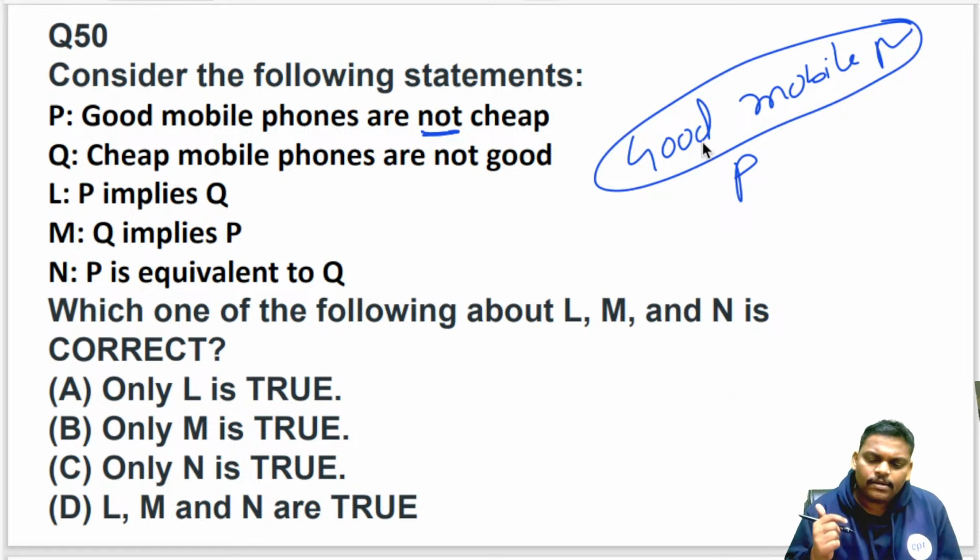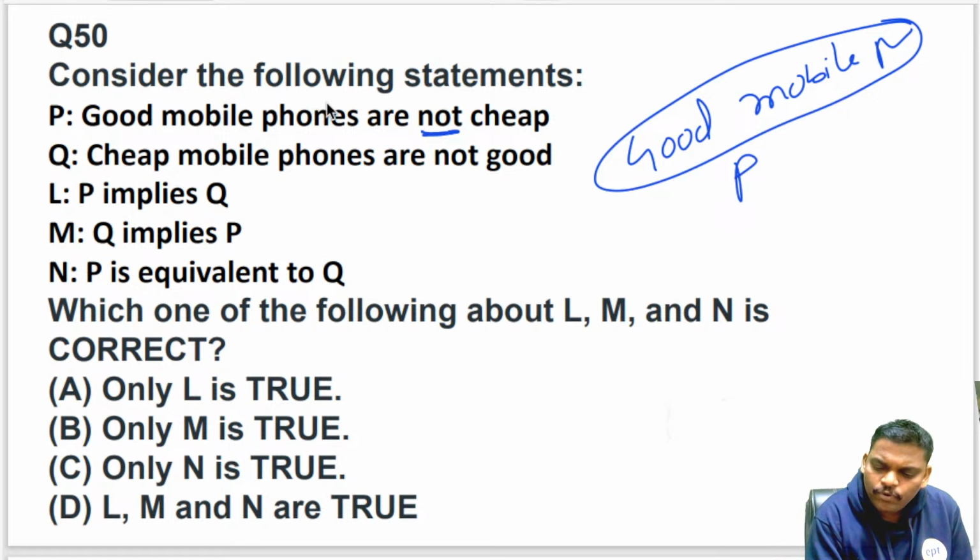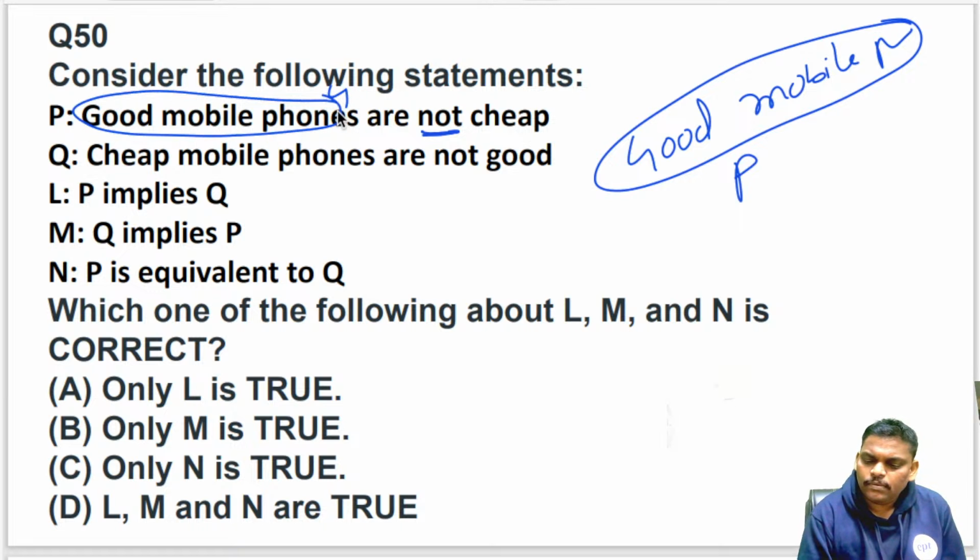Yeah, so divide further. Good mobile phones, G. Cheap mobile phone, C.